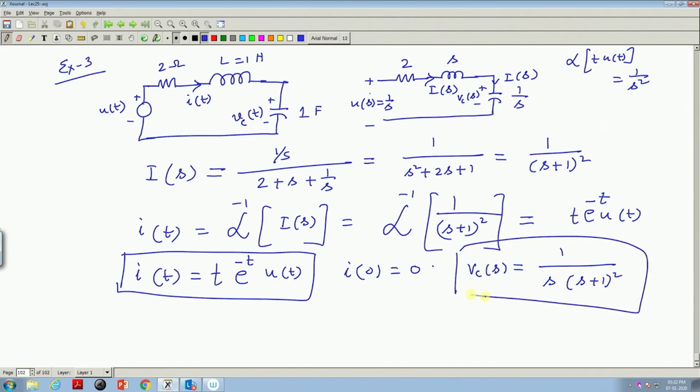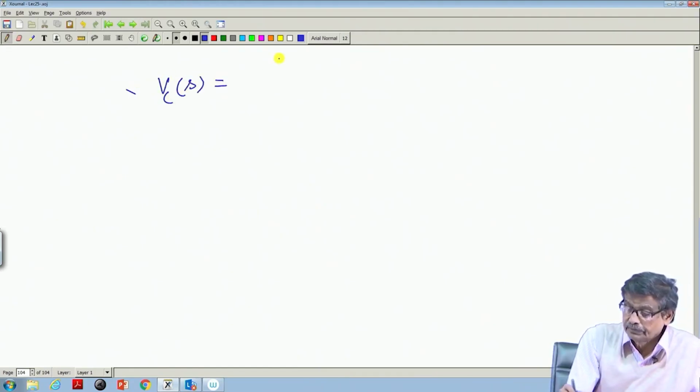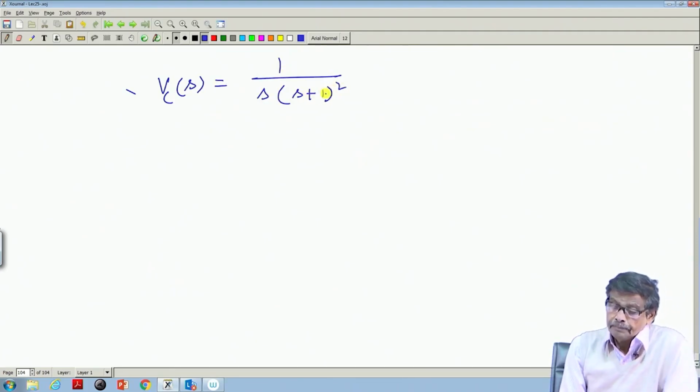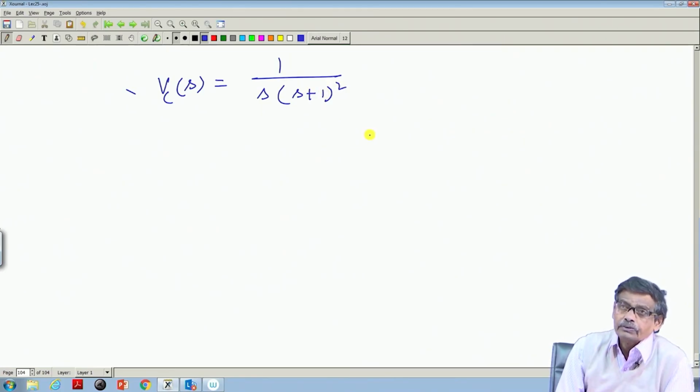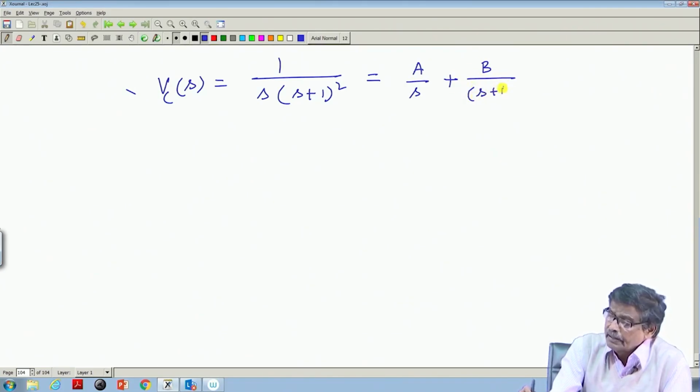So, we have got 1 by s into s plus 1 whole square. Now, in this case of course, you have to do partial fractions. These are the finer things you must know. Here the partial fraction will be a by s plus b by s plus 1 plus d by s plus 1 whole square.